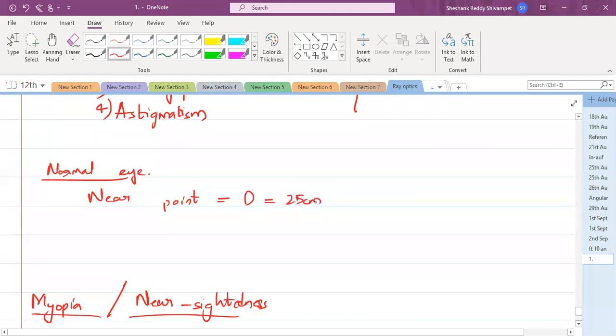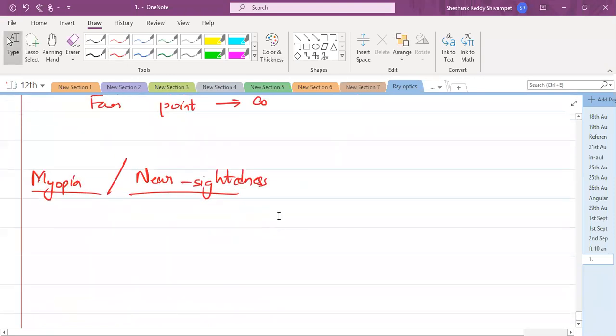On an average, we'll take it as 25 centimeter. Far point का क्या होगा? For a normal, properly working eye, far point will be infinity. ठीक है?